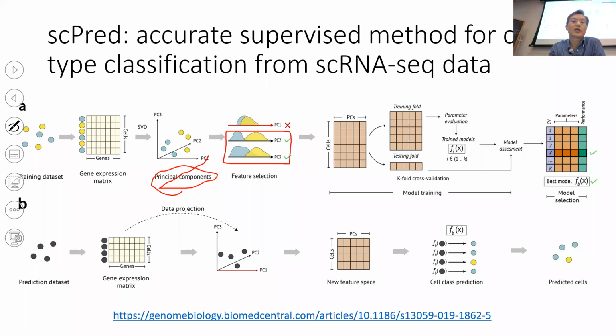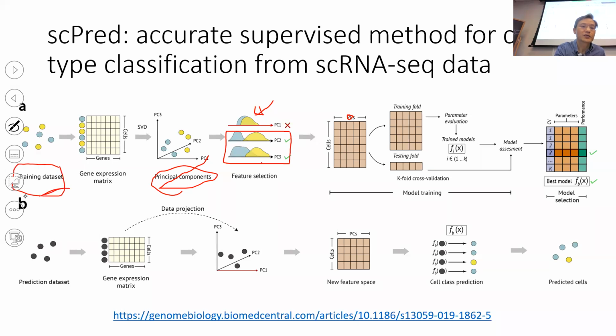It's not using the top PCs, but the next level, 2 and 3, because it found the separation of different cell types is better in those combinations of PCs, and then you select those PCs rather than use the whole gene set.